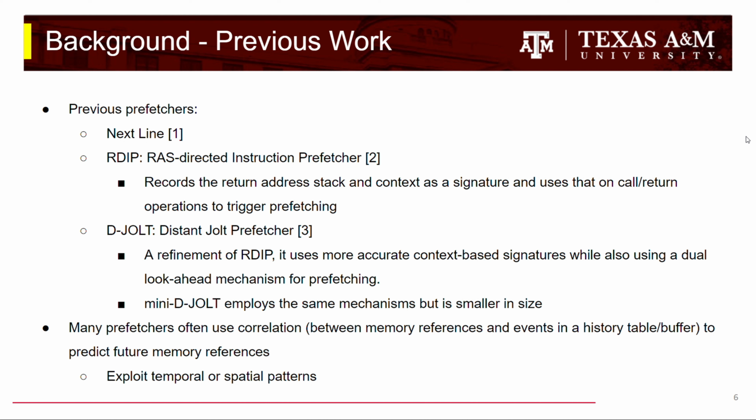Although effective to some extent, these models often suffer from higher miss rates and increased latency when dealing with large scale applications, such as in memory databases or data center workloads. For instance, RDIP relies on return address stacks, which limits its applicability and accuracy in dynamic execution environments.